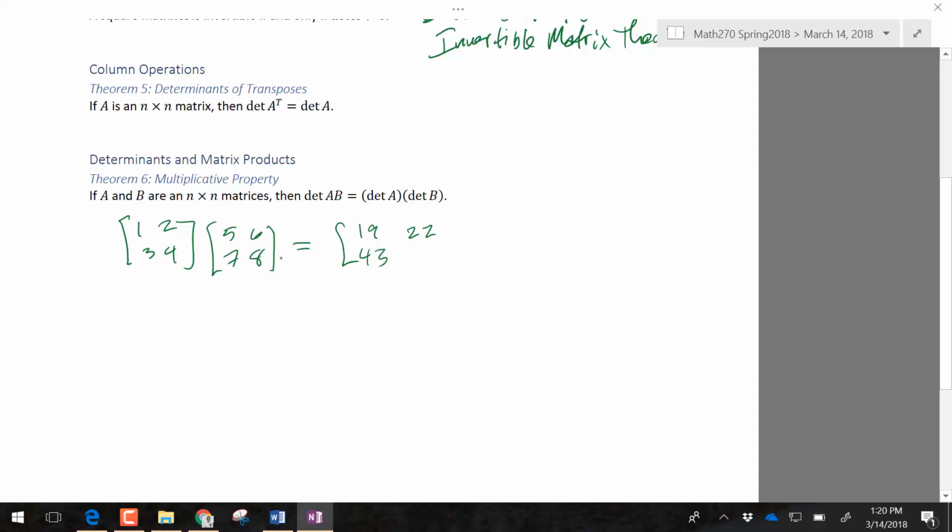And 18 plus, what is this? 50? Is that right? 18 plus 32?